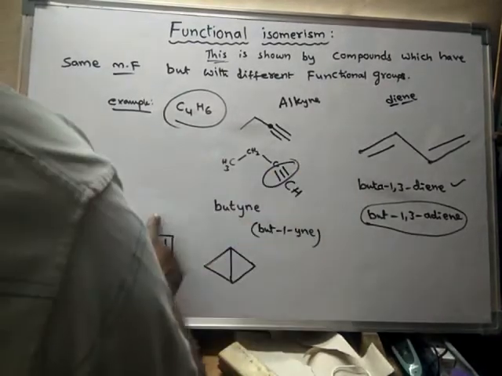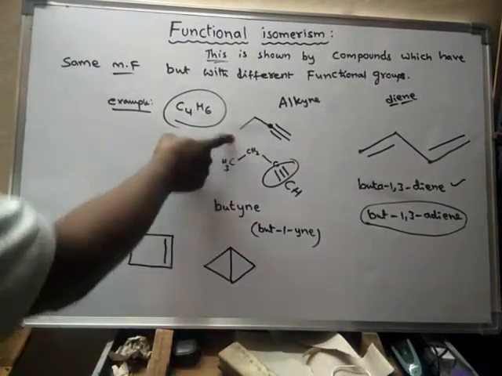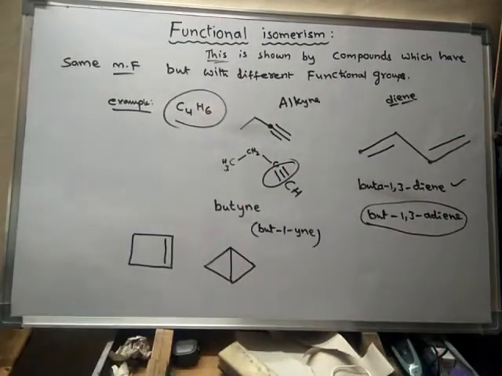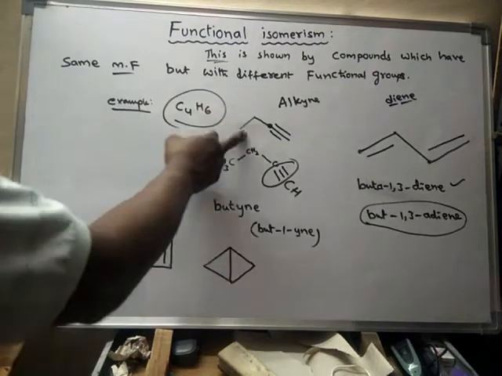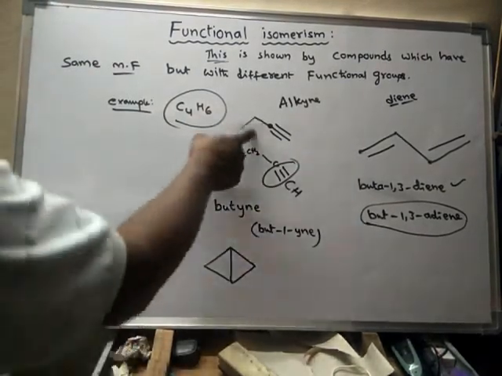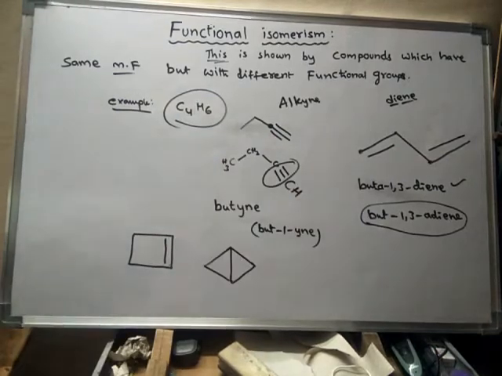These two are ring chain isomers, and even these two are ring chain isomers. Ring, open chain; ring, open chain. So like this, ring chain isomerism also exists.